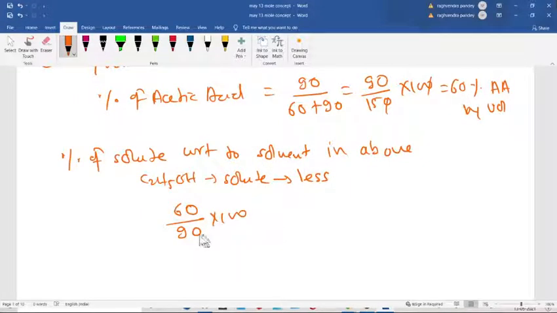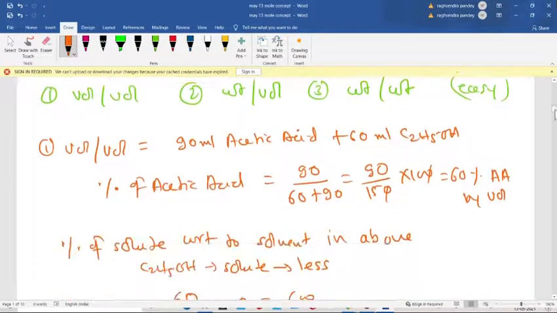So 15 sixes are 90, so it will be 2 by 3, or you can write 600 by 9. Okay, just leave it, you can calculate it.